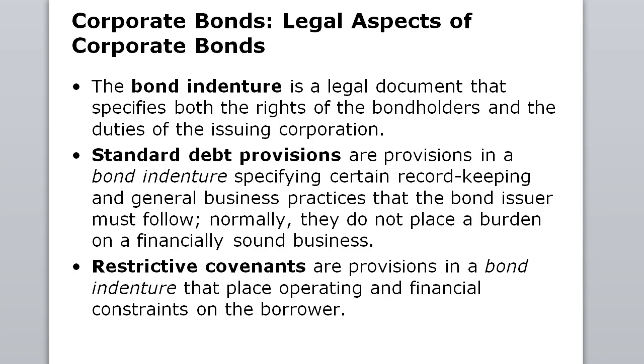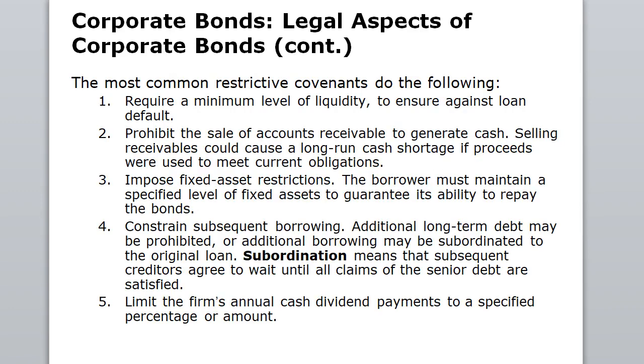Normally they do not place a burden on a financially sound business, and it's just to make sure that everybody's on the same page. And restrictive covenants are provisions in the bond that place operating and financial constraints on the borrower. So they may say things like you can't issue a dividend greater than this amount, or you can't sell your inventory or accounts receivable to an outside party. So just things that would restrict you from certain business activities.